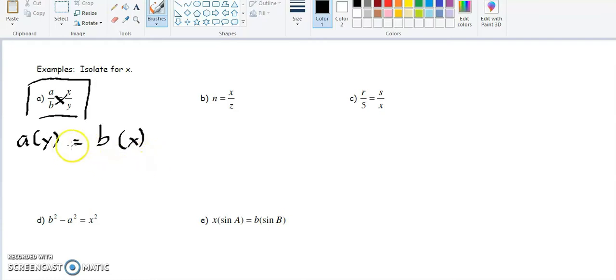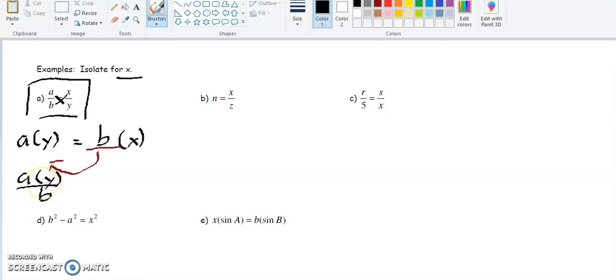So after cross multiplying, remember we have to solve for x. So our second step is to move over b to the other side so we can completely isolate x. So by doing that, our final answer should be a times y over b.